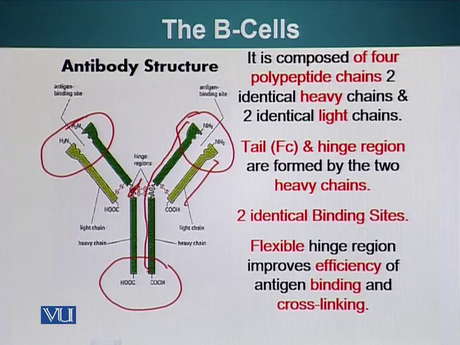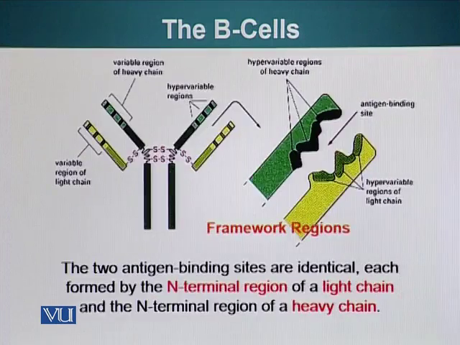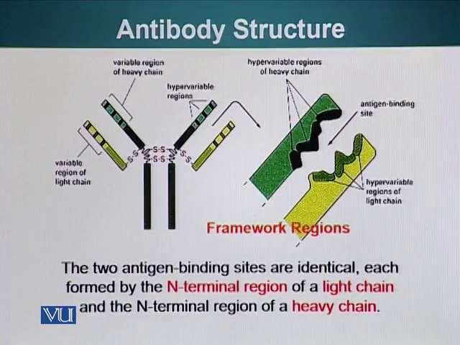The Fc region of certain antibodies can also be recognized by phagocytic cells, since these cells have Fc receptors that can bind this Fc region of the antibody. So here we have an enlarged photograph of the antigen binding site.